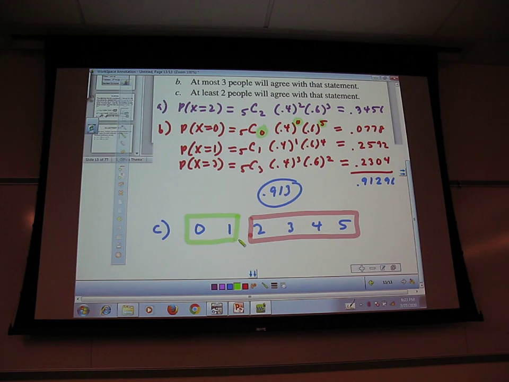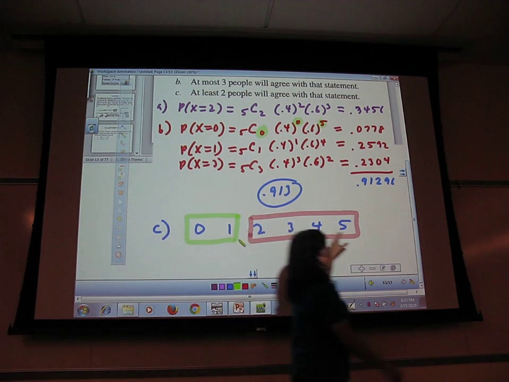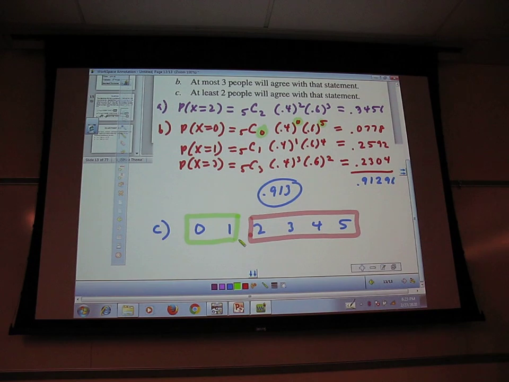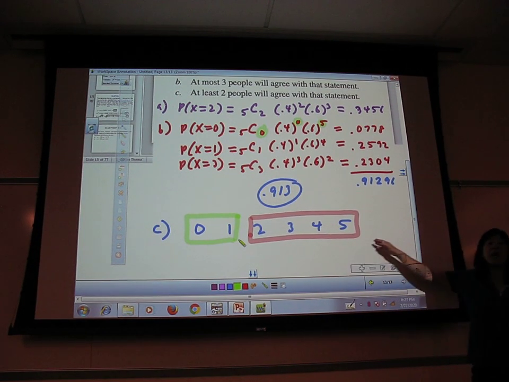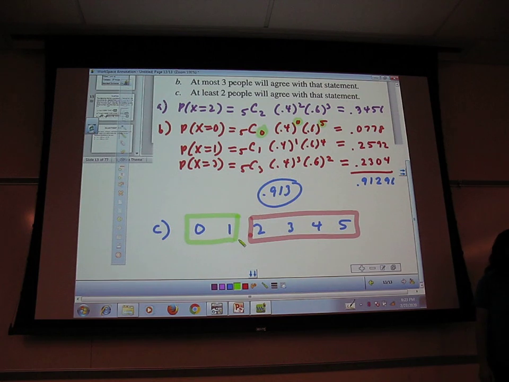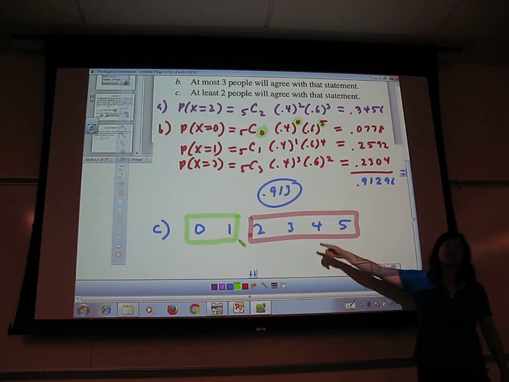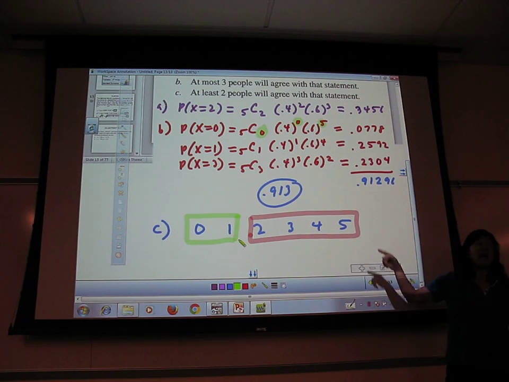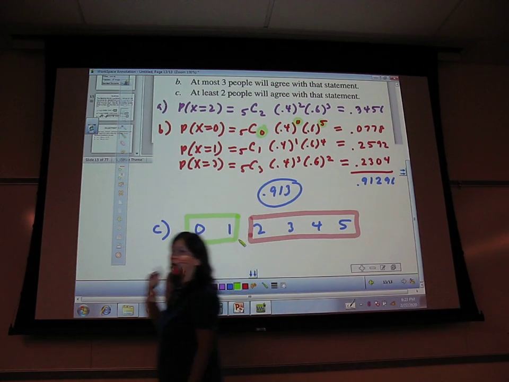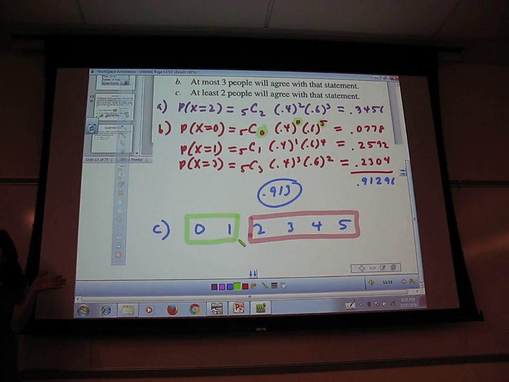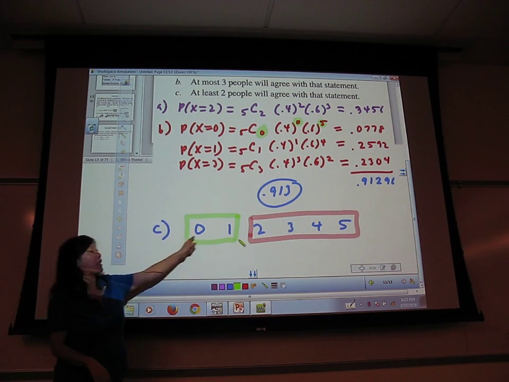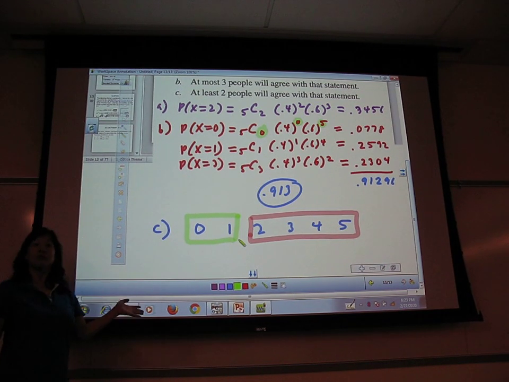Now, what's up with these probabilities plus those probabilities? They darn well better all add up to what? 1, or 100%. If I add up all those probabilities, they have to equal 1 or 100%. So if I want the red stuff, and I already calculated the green stuff, I don't need to do any more calculations. You guys see what I'm saying? I just have to take 1 and subtract these 2 things, and then I'm golden.